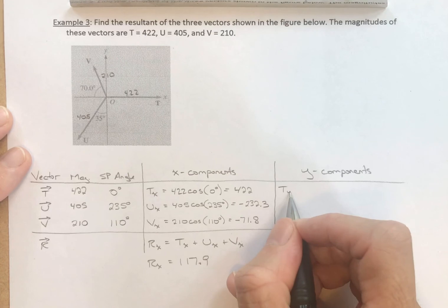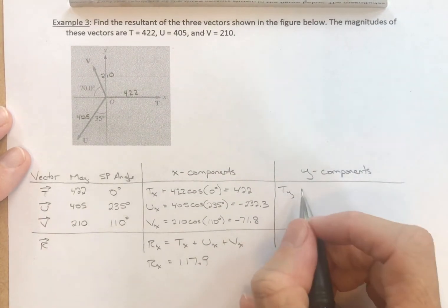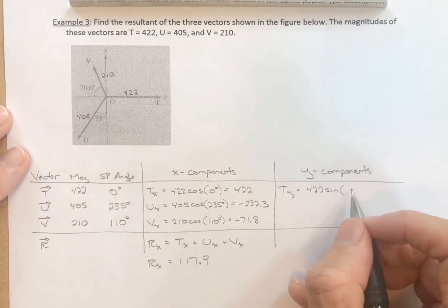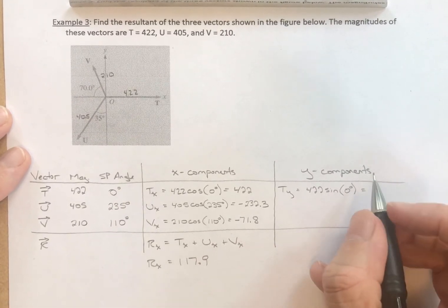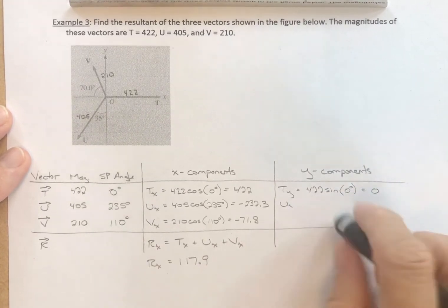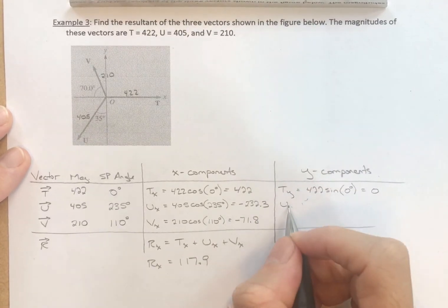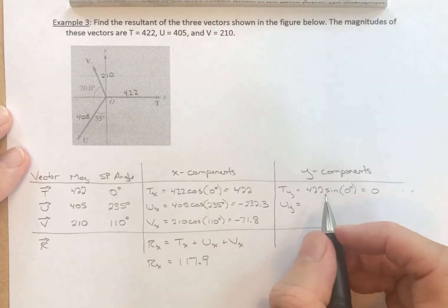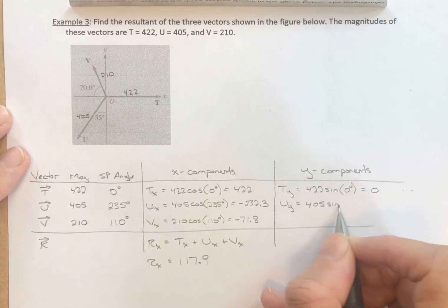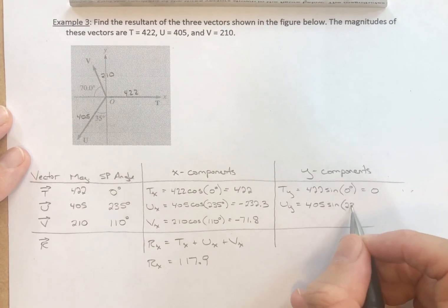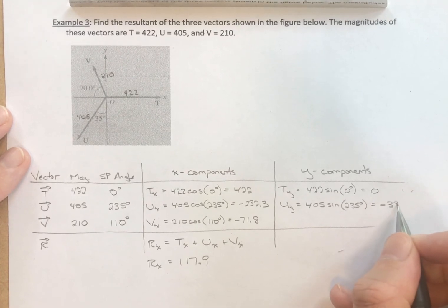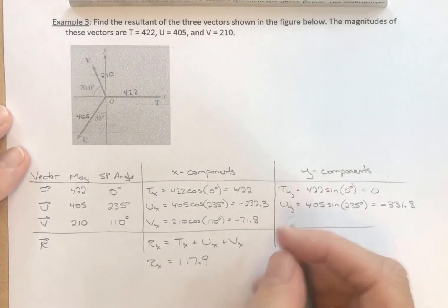Okay, the y component of the t vector is the magnitude times the sine of the standard position angle, which is 0 degrees. With a calculator, that's 0. The y component of the u vector is the magnitude times the sine of its standard position angle, 235 degrees, and that comes out to be negative 331.8 with a calculator.